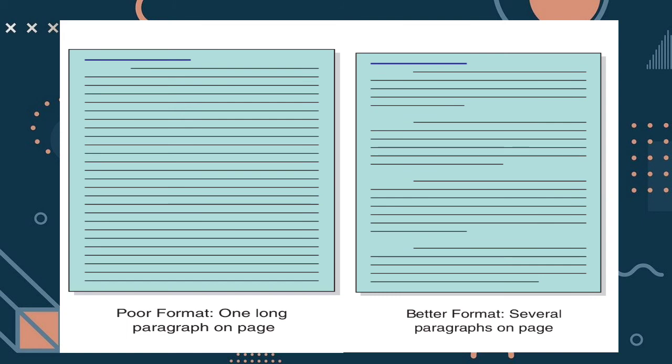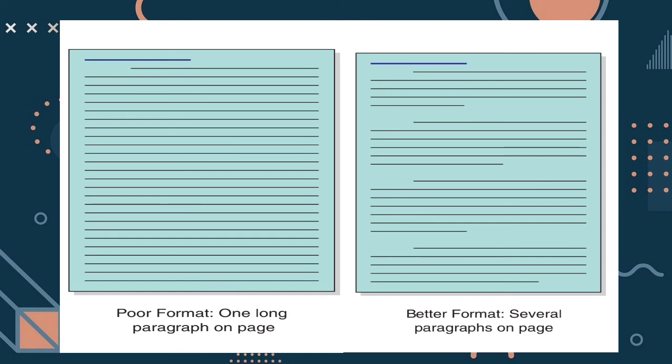So these two pictures show paragraphs on a page. The first one, as you can see, has one long paragraph on the page, and it can be described as the poor format.